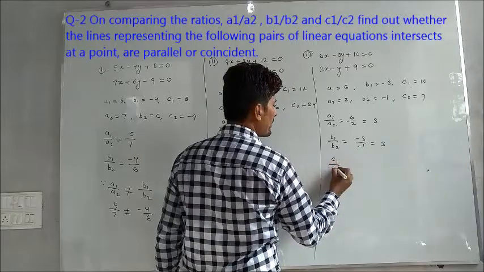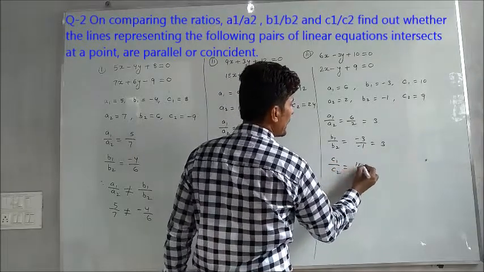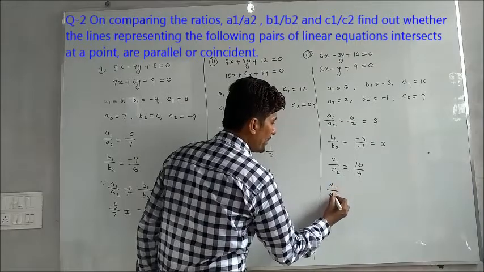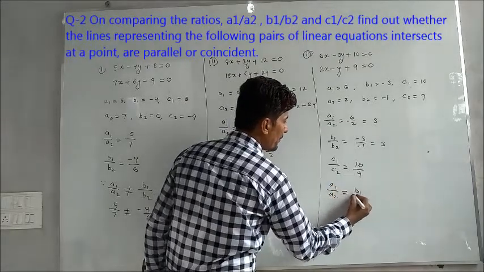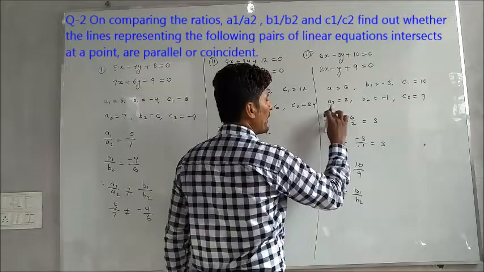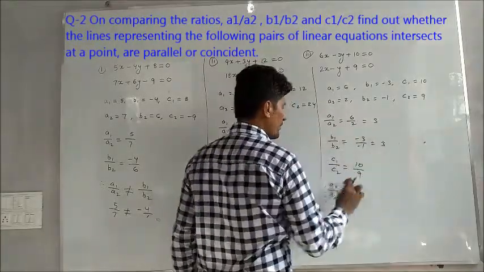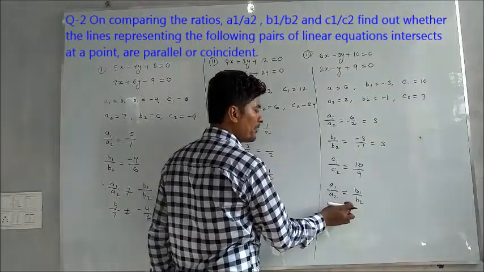Now c1 upon c2 is 10 upon 9. Here we can observe that a1 upon a2 equals b1 upon b2. The ratio of a1 upon a2 is 3, b1 upon b2 is also 3.